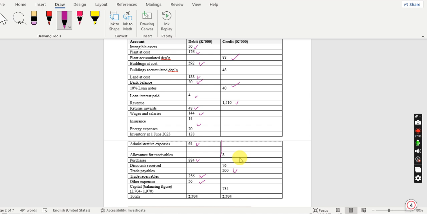What do we get as this total? 1970. So to get our capital balance, you're just going to say 2704 minus 1970. You get 734.